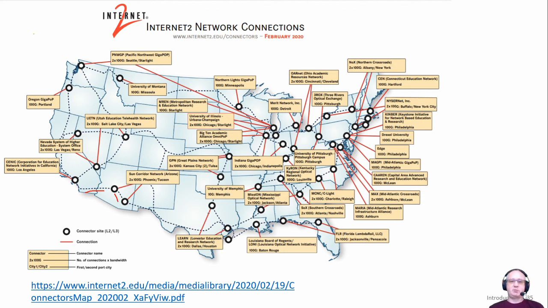At the time it was developed, it was faster than existing commercial providers. I don't know if that's still the case, I'm not sure about that, but this is the backbone that is used for traffic that is exchanged between public or private educational institutions and other partners in the United States.